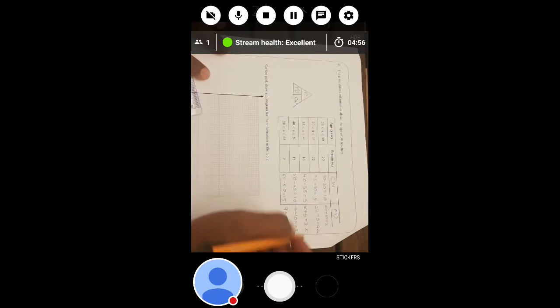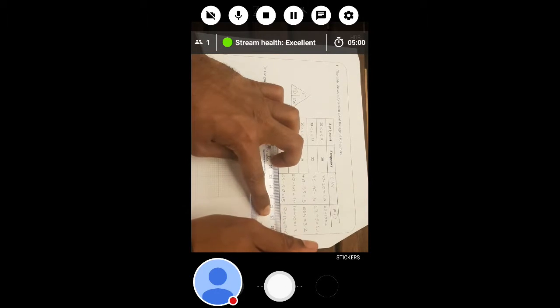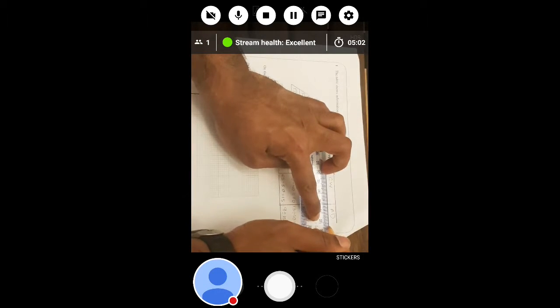Right, so just quickly finish this table off. There we go. Let's extend those lines.